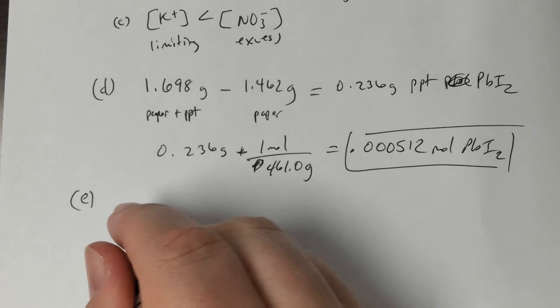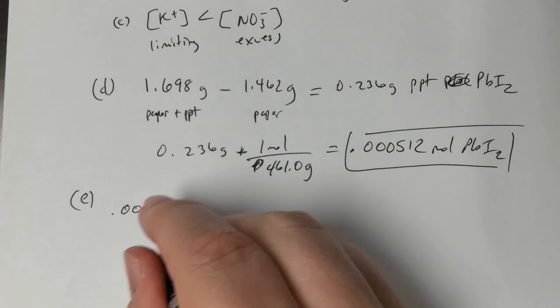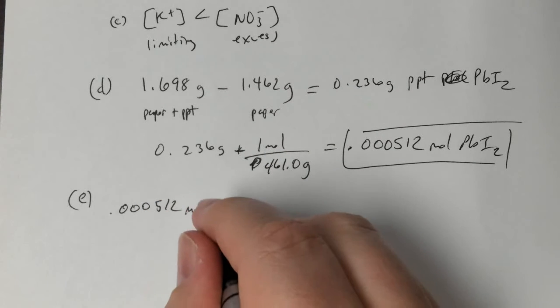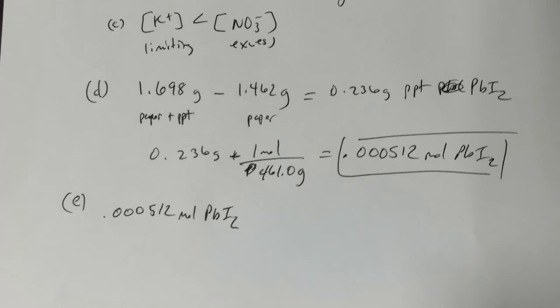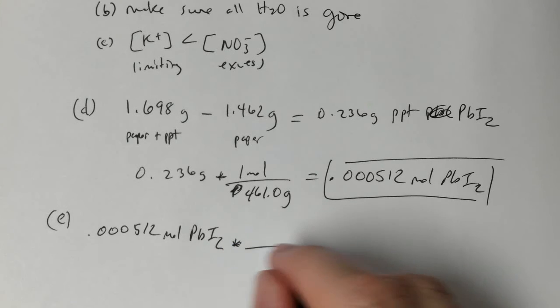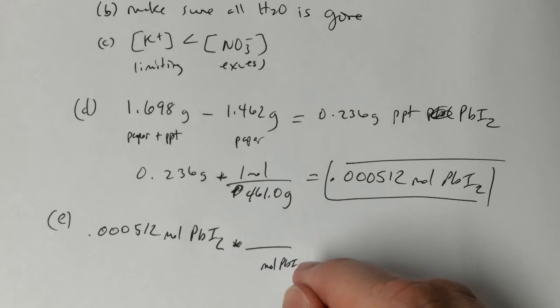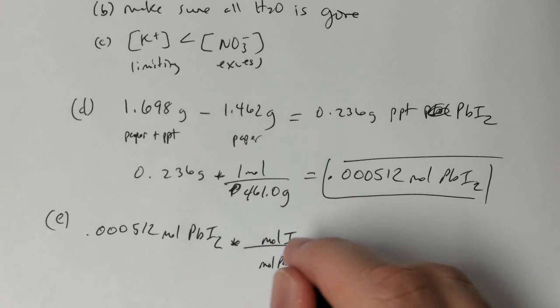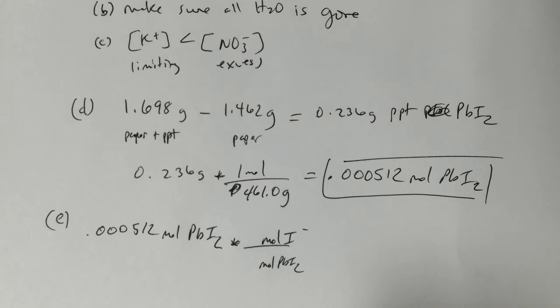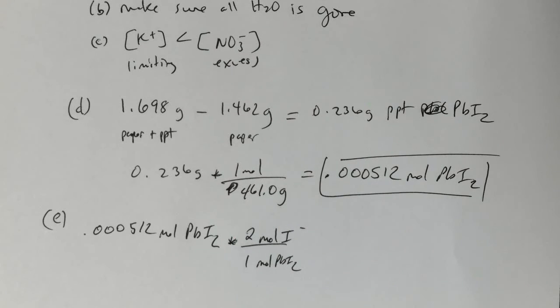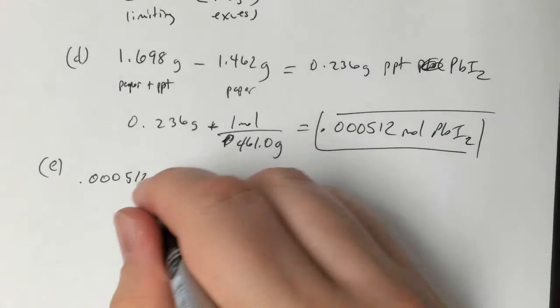So what I'm going to do here is just use some stoichiometry, and I'm going to convert moles of PbI2 into moles of iodide. All right, so that's a 2-to-1 ratio. I'm basically just ignoring the lead at this point.